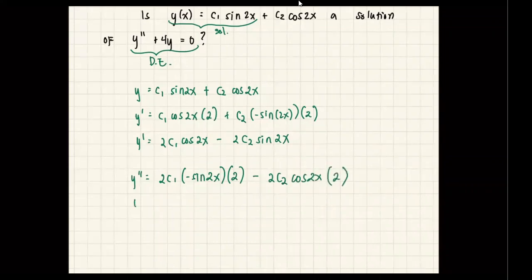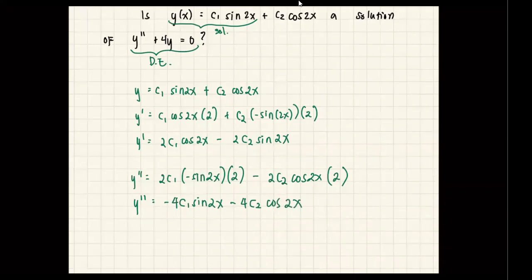Okay? Simplify. We have -4c1 sin 2x - 4c2 cos 2x. Okay? Ito yung second derivative natin.